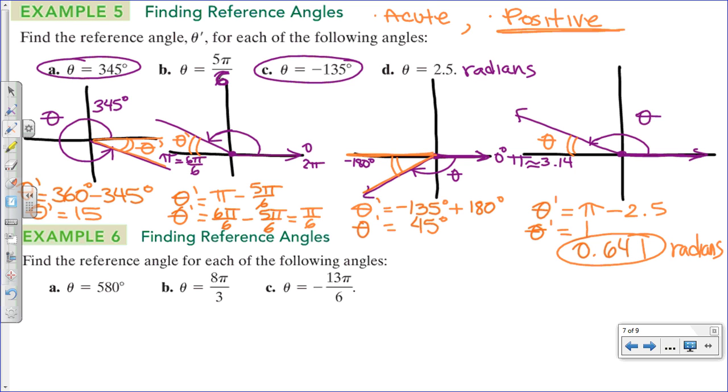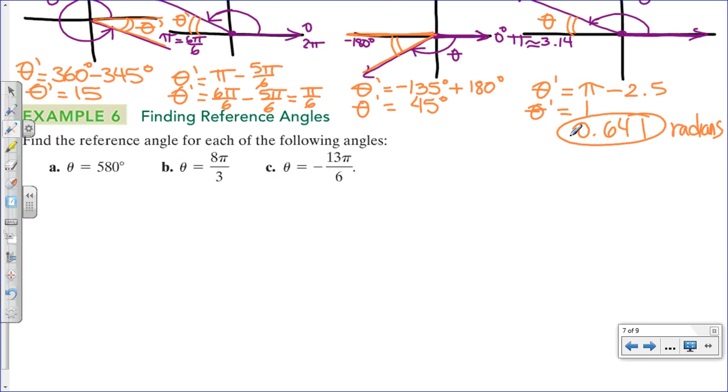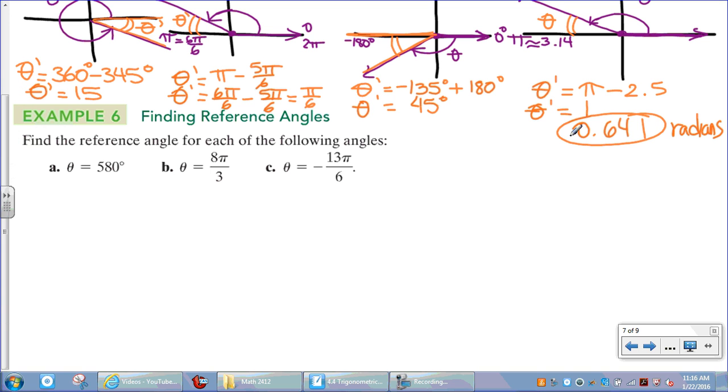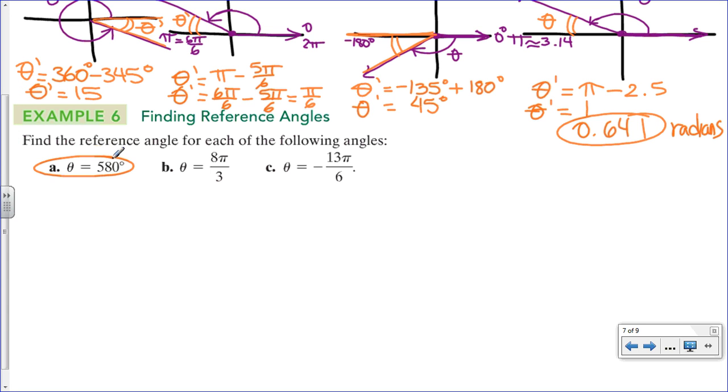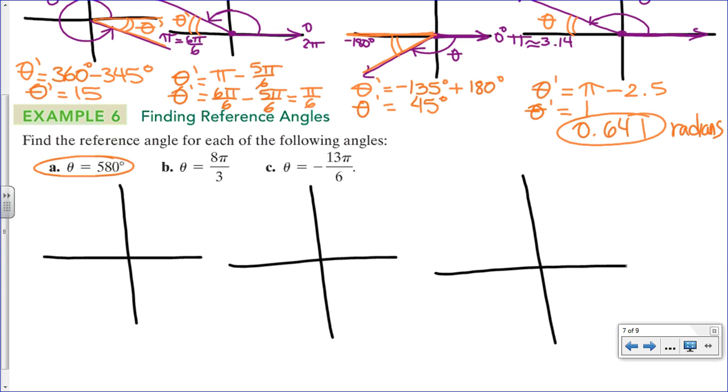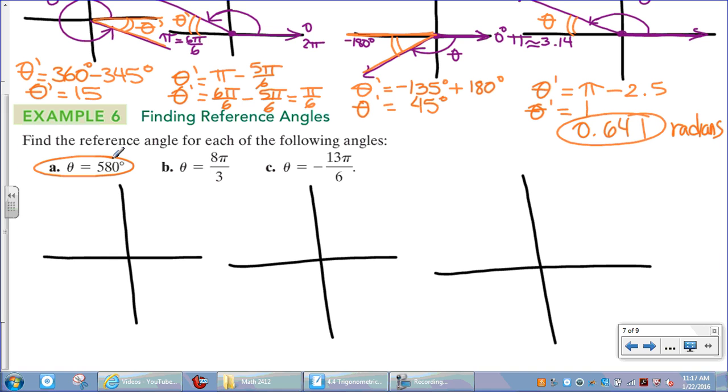All right. Now let's see what we have here. We're going to find the reference angle for this one, and if you notice, the angles are over 360 degrees, or over 2 pi. For the first one, we need 580 degrees.